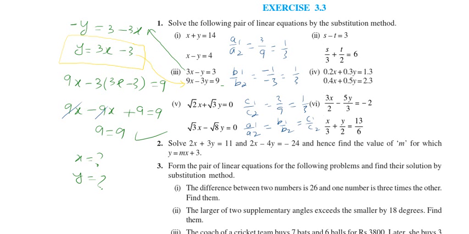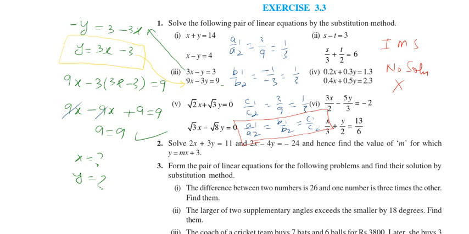So if you have equal ratios, then what do you say? It has infinitely many solutions, right? If the pair of equations shows infinitely many solutions, or if they show no solution, in both these conditions you cannot solve by the algebraic method.